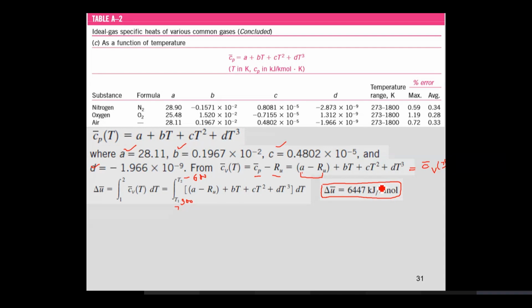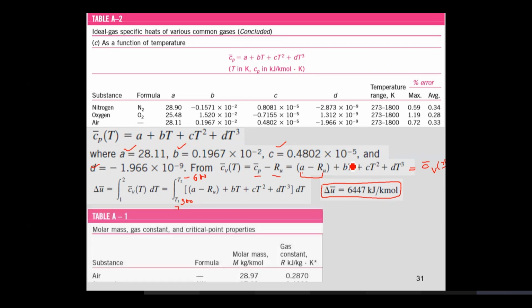So far, is it clear? Yes, sir. All right. Once you do, you have to find it per unit mass.